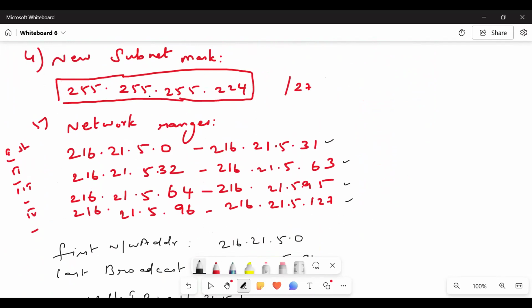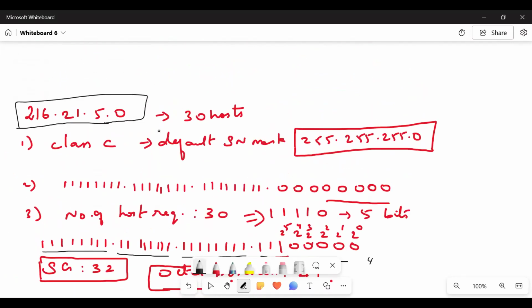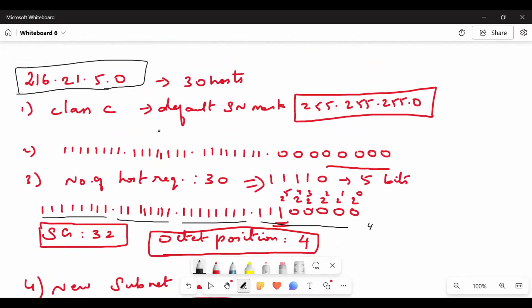So with this new subnet mask, communication is possible within the particular range. Otherwise, when we are using the default subnet mask, we can communicate in the whole network. Okay, so this is how we can subnet the given IP address into the required number of hosts.